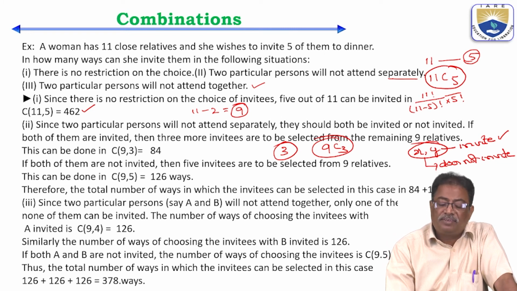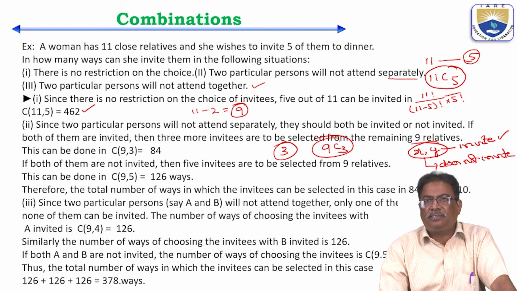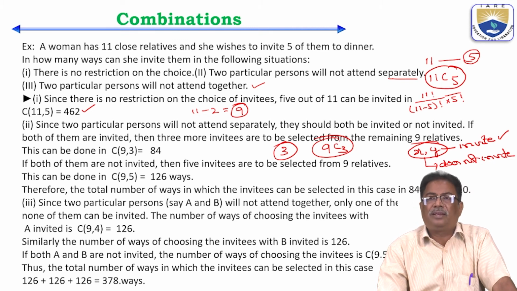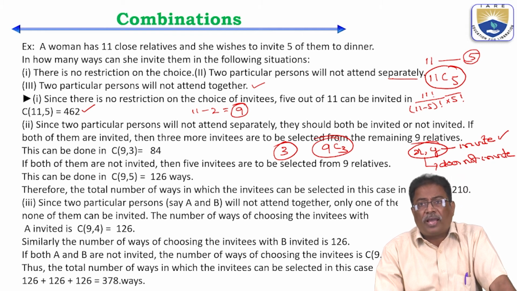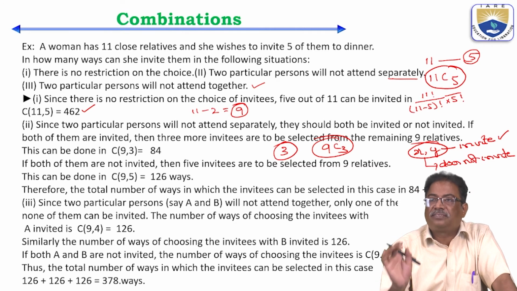So how many ways? 9C3 ways, because already 2 are invited. The remaining relatives are 11 minus 2, only 9 relatives. So out of 9, she has to select only 3. So 9C3 ways.